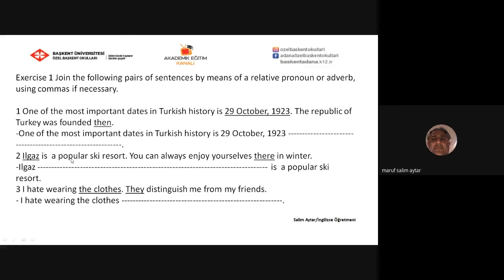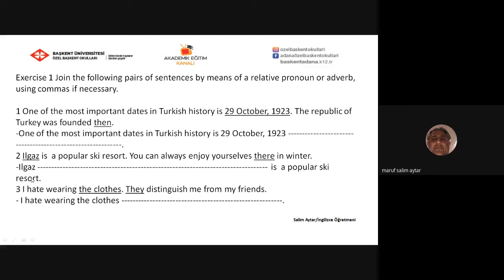Ilgaz is a popular ski resort. You can always enjoy yourself there in winter. There, so we need to use a relative adverb actually referring to place. Ilgaz, blah, blah, blah, is a popular ski resort.